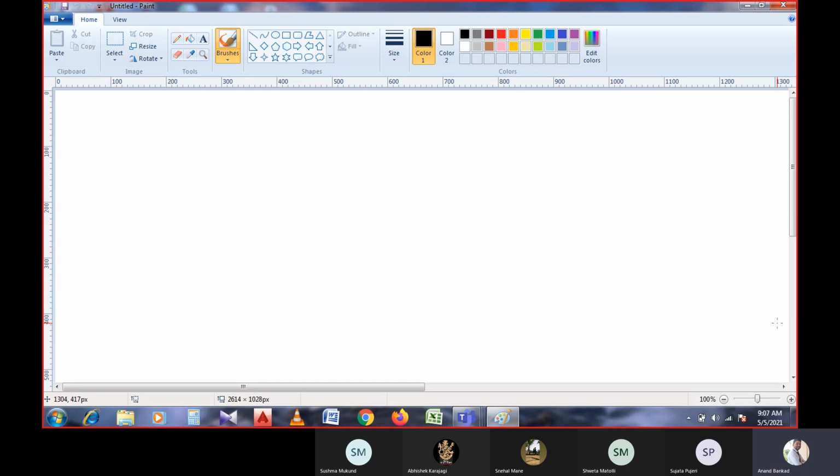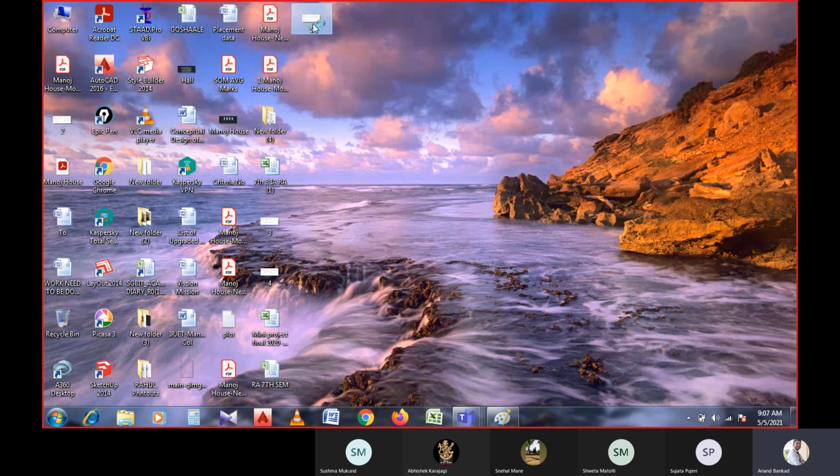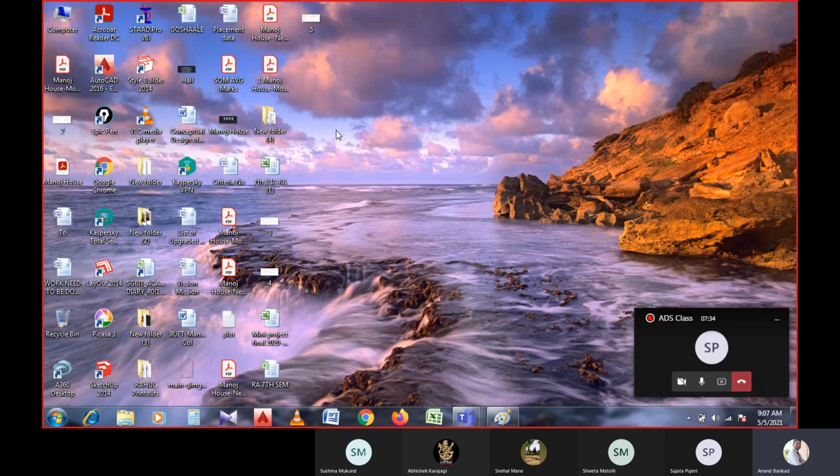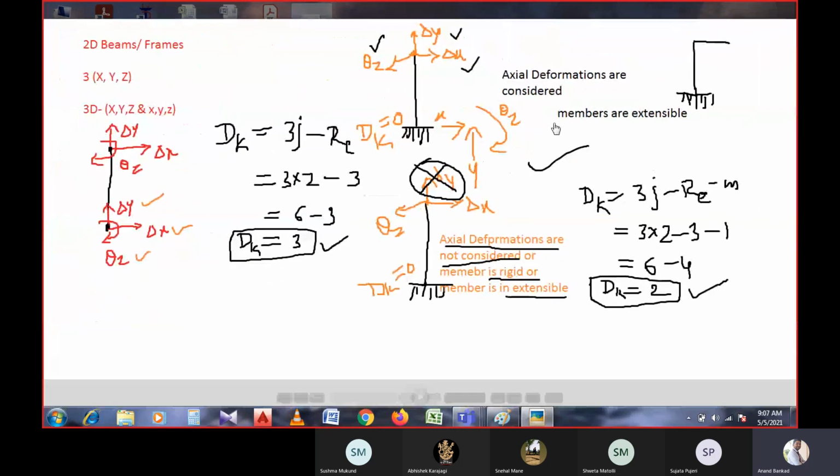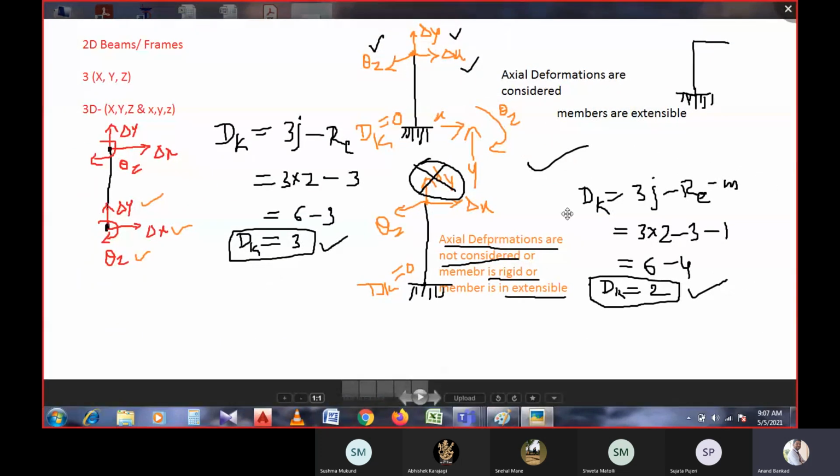Do you people remember what we discussed in the class? I could just open it and show you. This is what we had in the previous class, where the discussion began: the axial deformations are considered for the member.